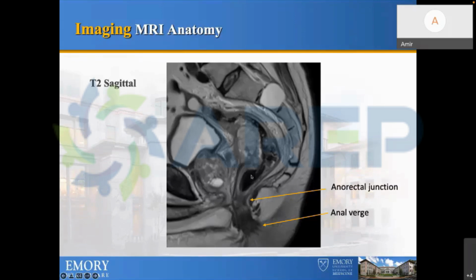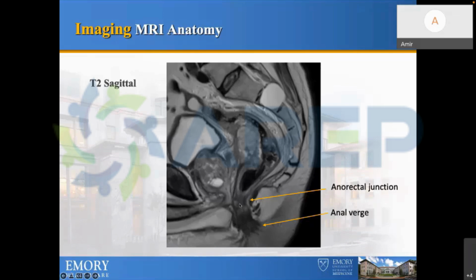This is the anorectal junction I was talking to you about, and this is on sagittal plane. This is where the puborectalis extends and makes a sling around the rectum, and that would be the anorectal junction. So below that is the anal canal, and these are the sphincters, and this is the rectum. And why is it important?